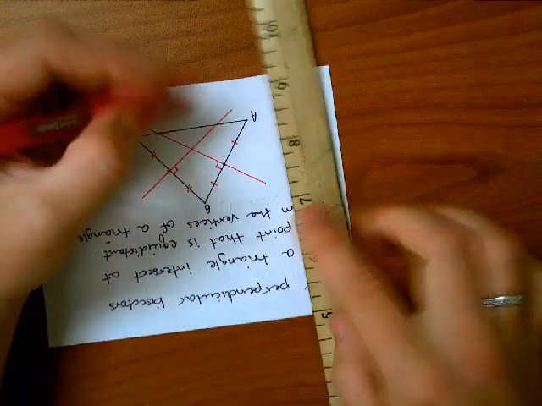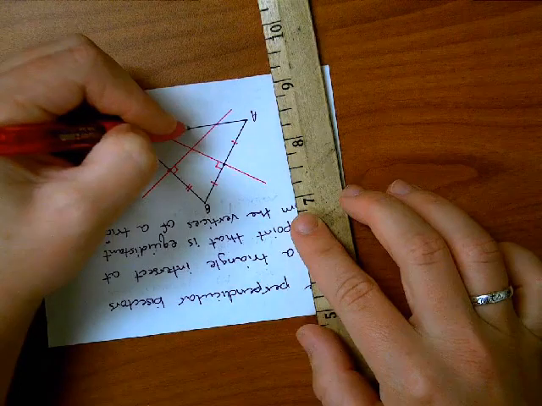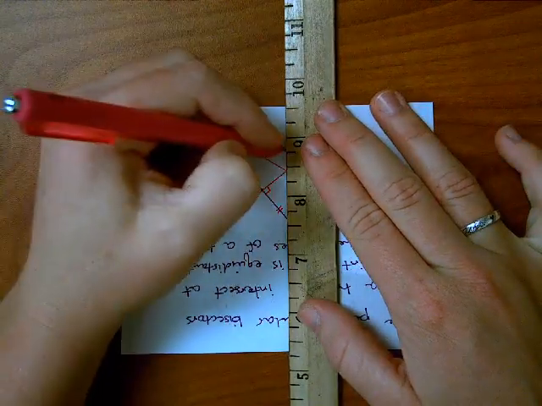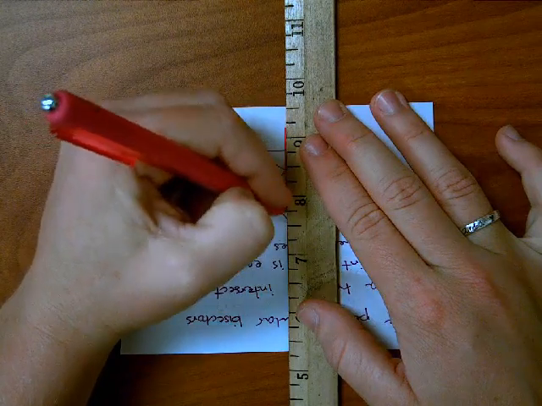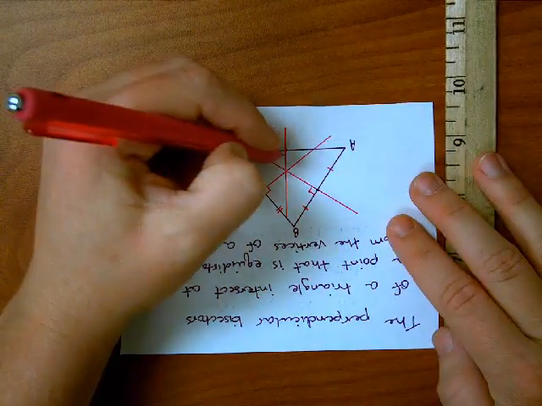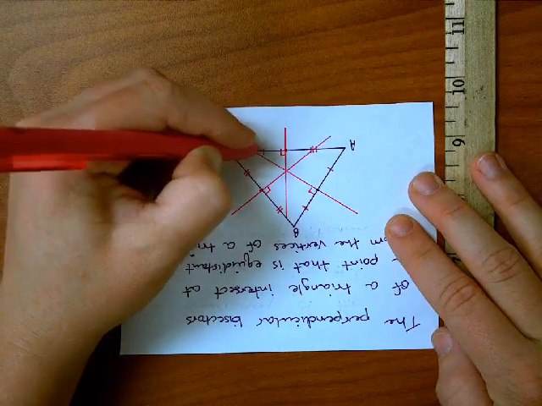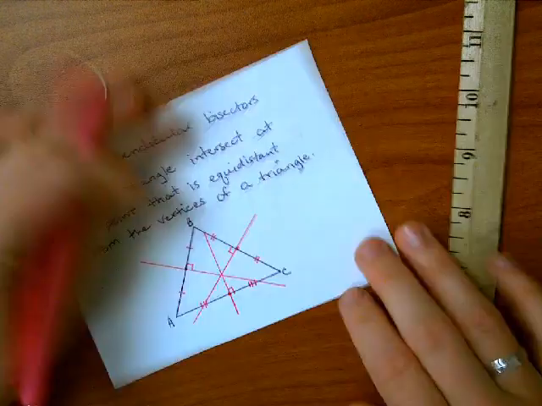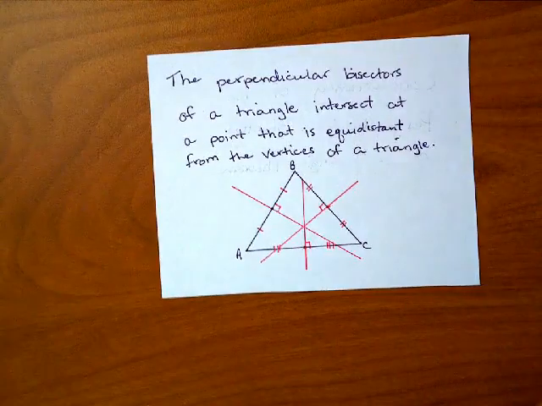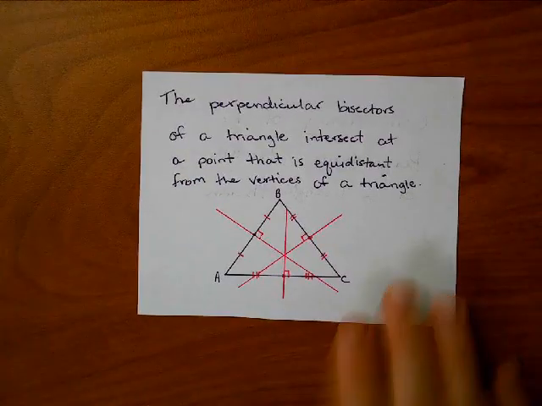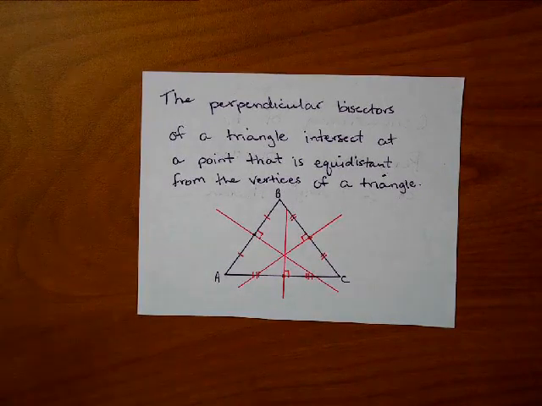And then three. Okay, so what we can see here is that these three perpendicular bisectors intersect at this point here and this point.